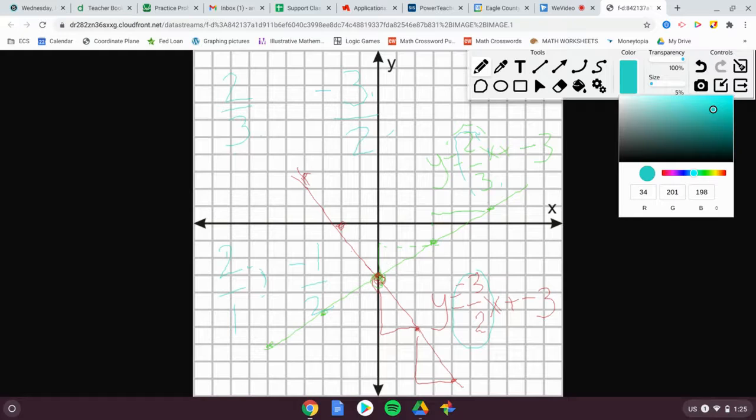So that's essentially all we need to know for this section, is that perpendicular lines have slopes that are opposites, from negative to positive or positive to negative, and the reciprocal. And then for parallel lines, they just have the same slopes.